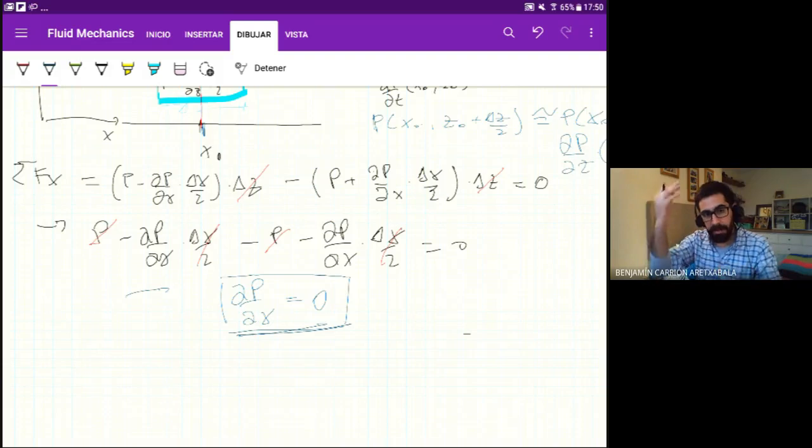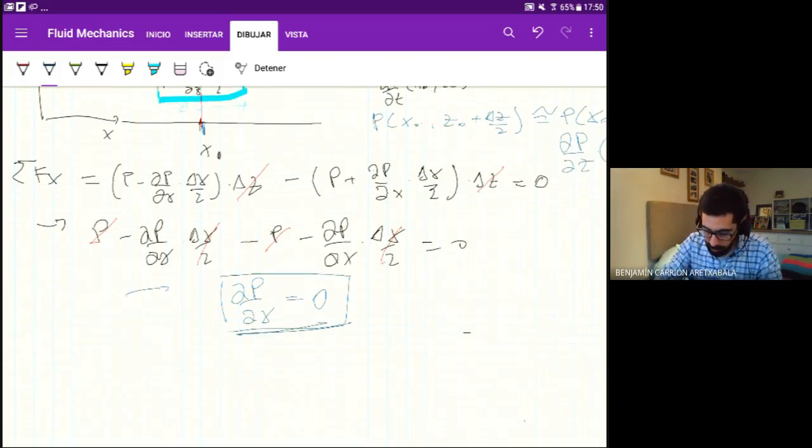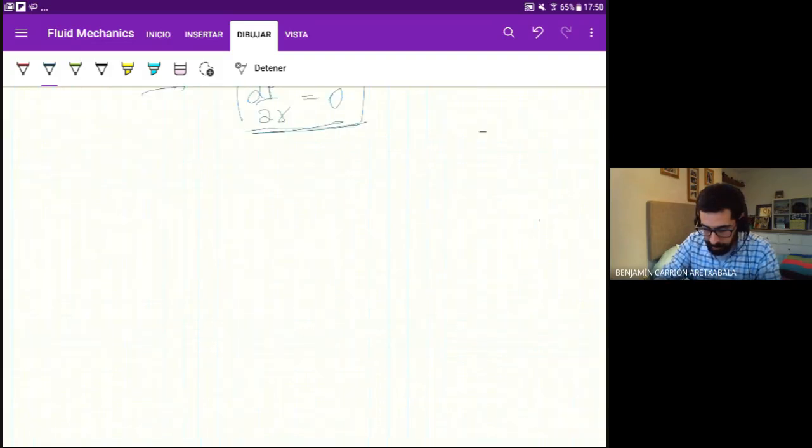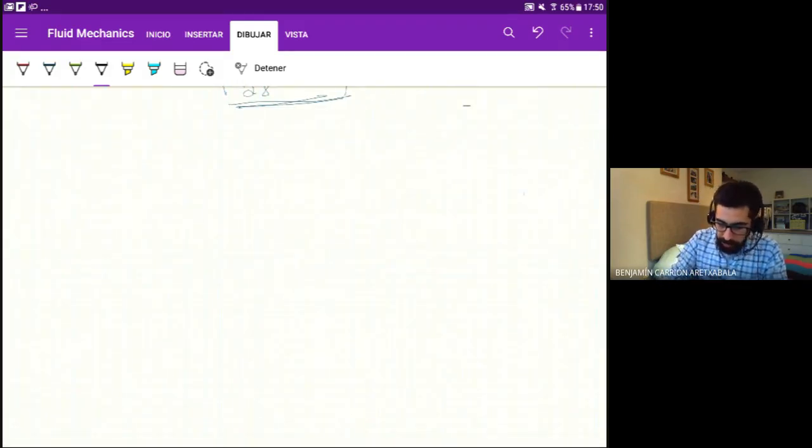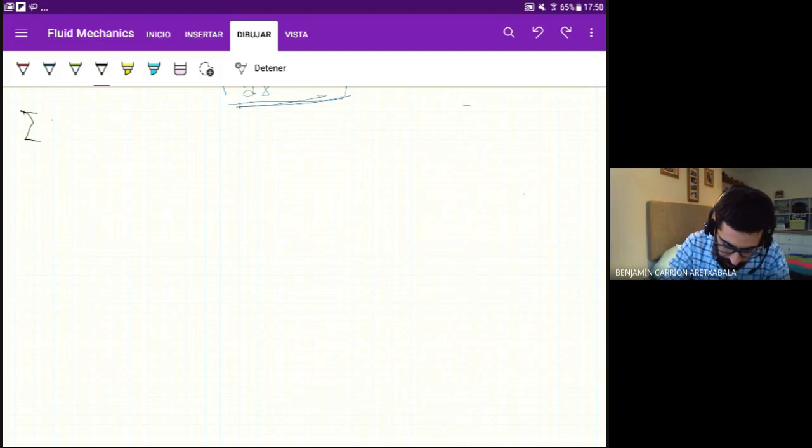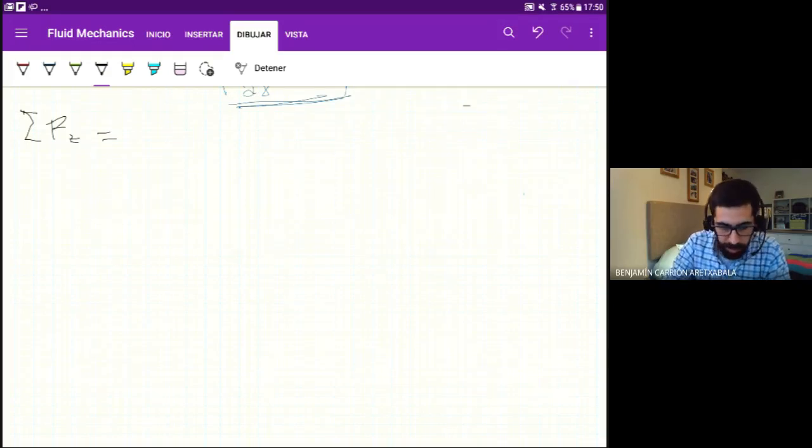And the other one is in the vertical distribution. So let me do the same, but for the vertical forces. The sum of all the vertical forces is going to be the following. Going up, we have the pressure at the bottom of our element.